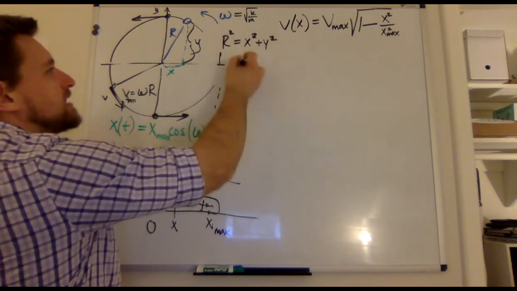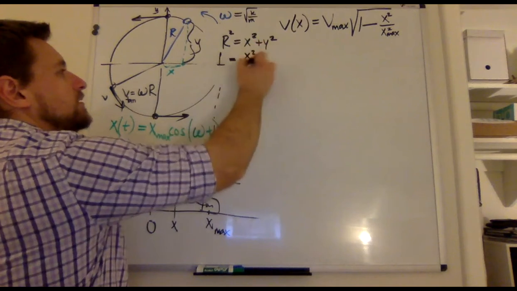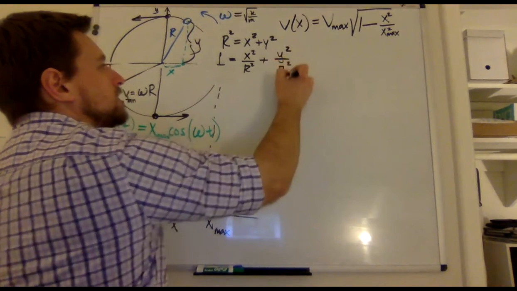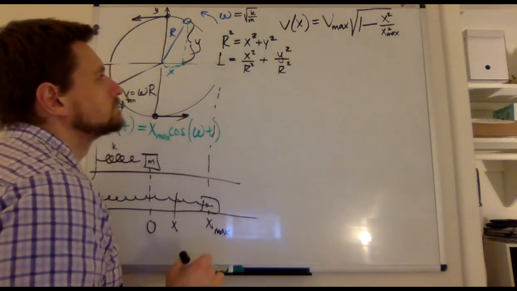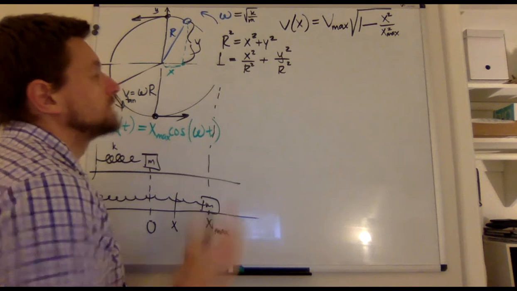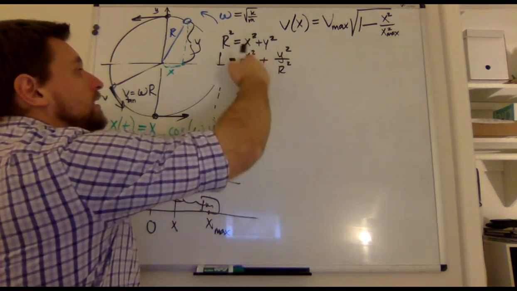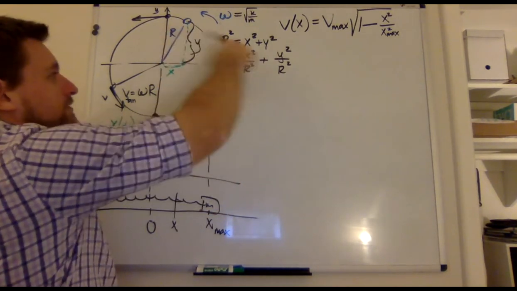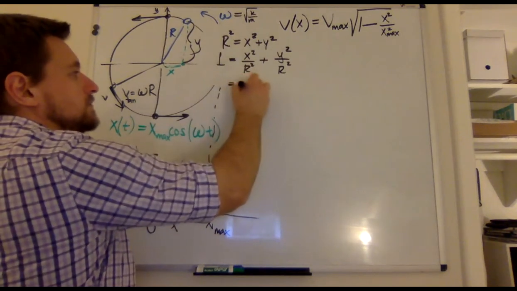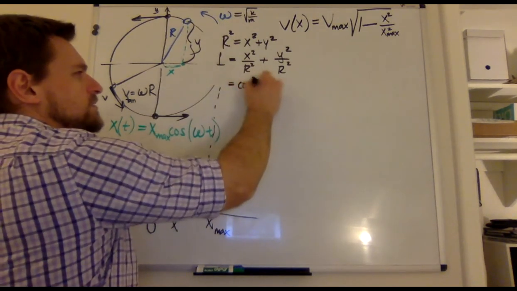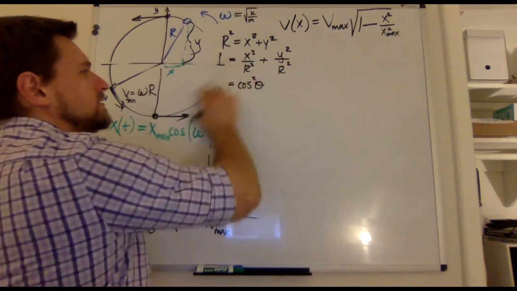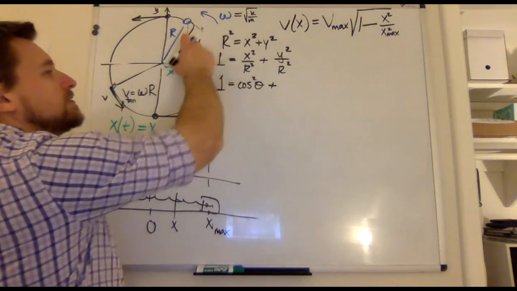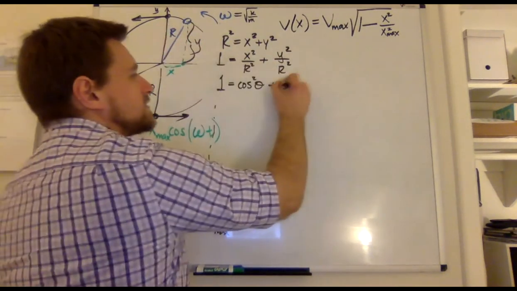What if we divide both sides by r squared? x squared over r squared plus y squared over r squared. Now, x squared over r squared, that's adjacent over hypotenuse squared. So that's cosine squared of the angle. But opposite squared over hypotenuse squared, that's sine squared.